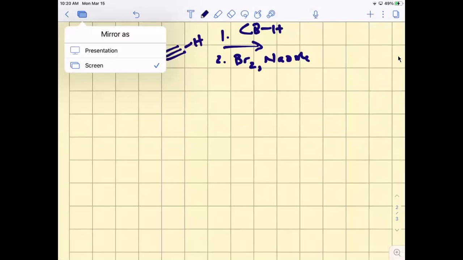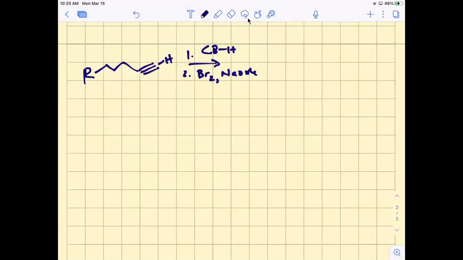I'm not certain why there's this lag or why it's not showing up. It's just lagging for some reason. I'm not sure if it's not the Wi-Fi.